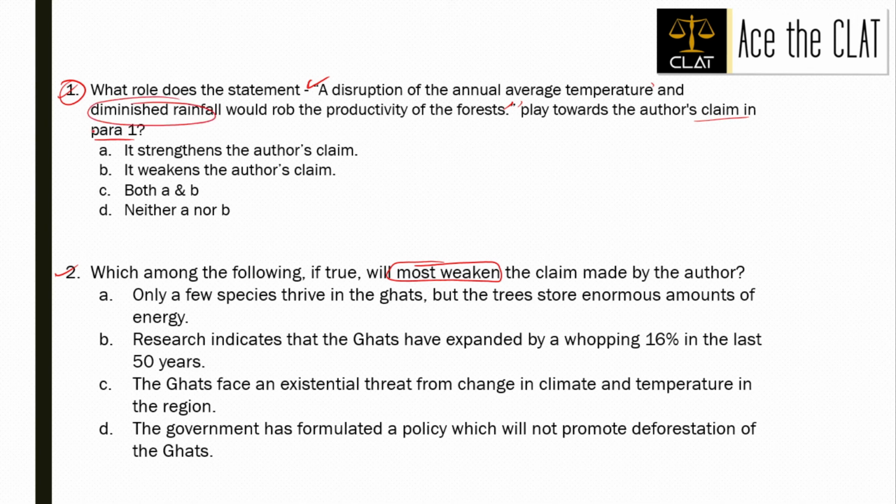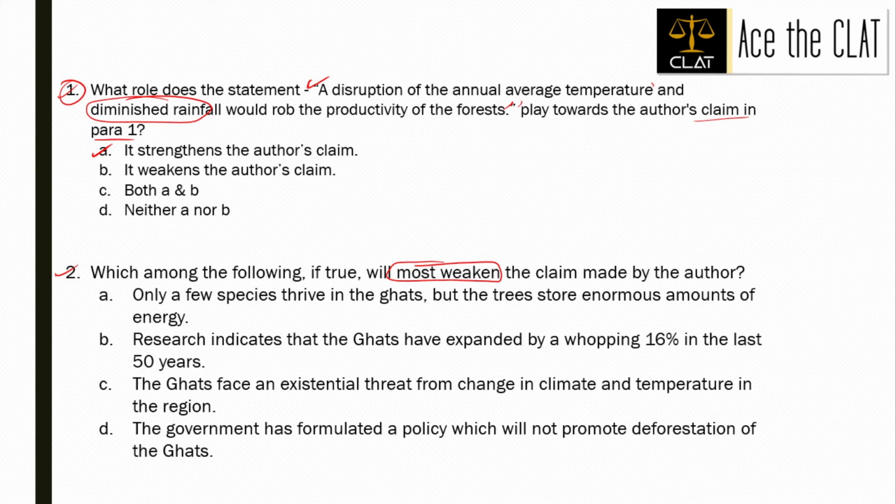And diminishing of or reduction in rainfall is also pretty obviously a sign of robbing the productivity of the forest, right? So this was a pretty simple question that it strengthens the author's claim.